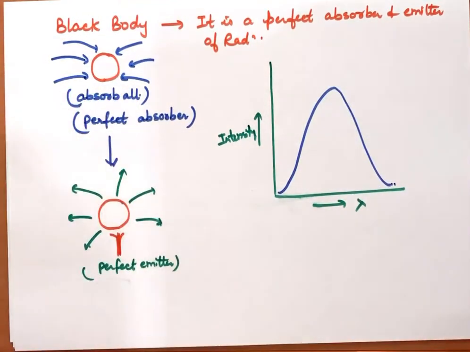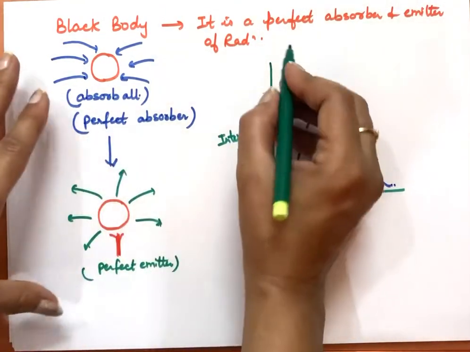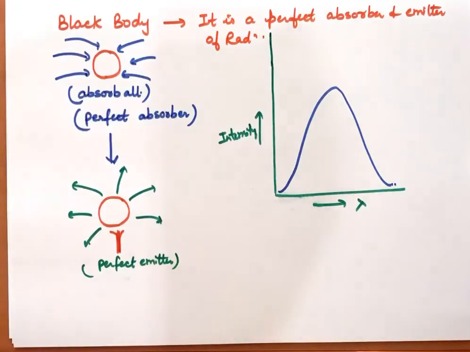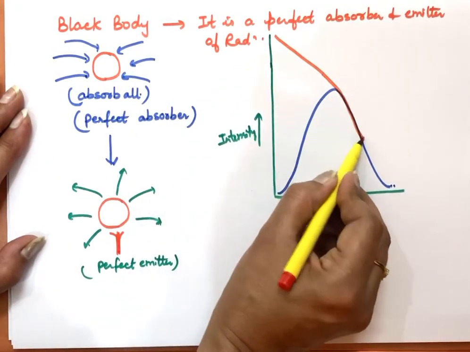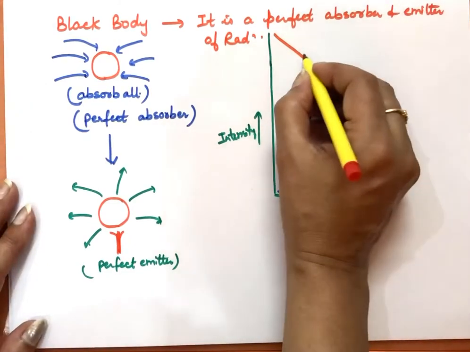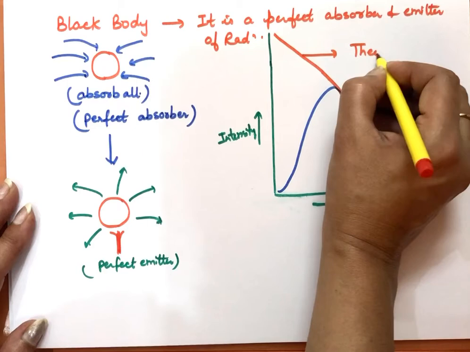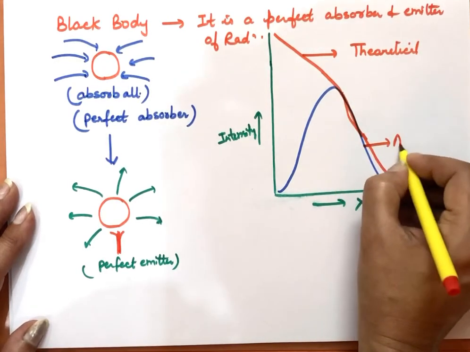But when it is plotted for the black body, the actual curve was like this.